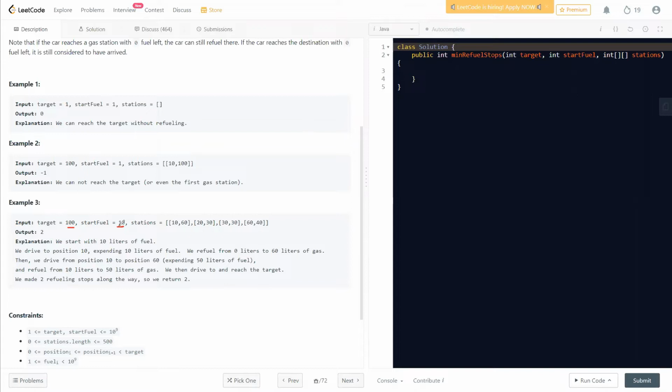Fine, let's see. If we can reach 10 miles, there's a stop at 10 miles, so we can reach it. When we reach 10 miles, what fuel do we have?